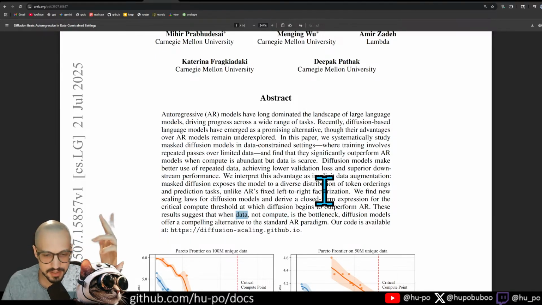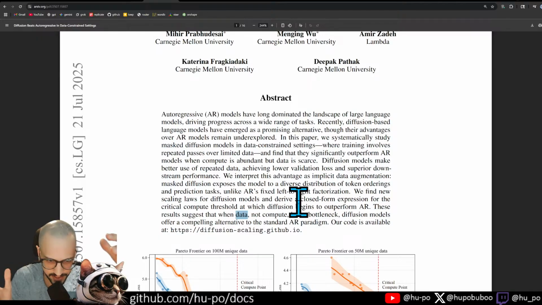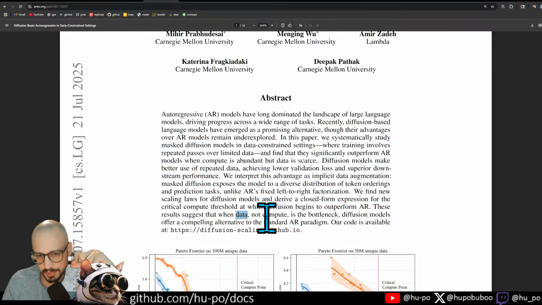There's the famous Ilya Sutskever quote where he says that the internet is kind of like the fossil fuel of data, right? There's a limited amount of internet data, and now that we've trained on and gathered all the internet data, we've run out of it. So we're data constrained, right? Some people think that, hey, we're actually compute constrained, right? Even the most wealthy frontier labs like OpenAI and Google don't have infinite compute either, right?